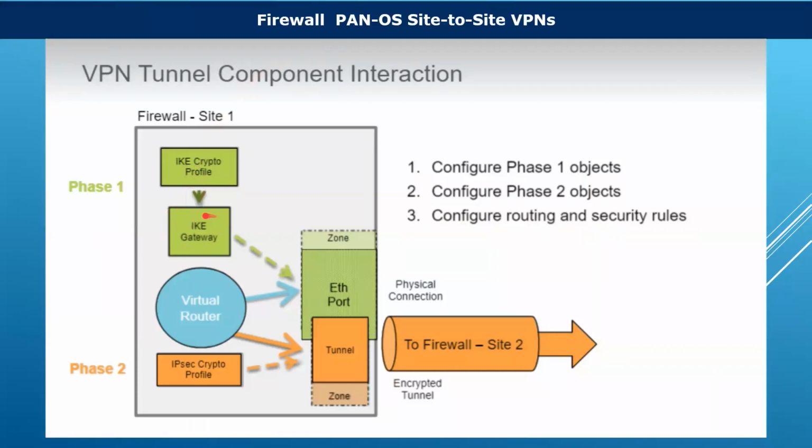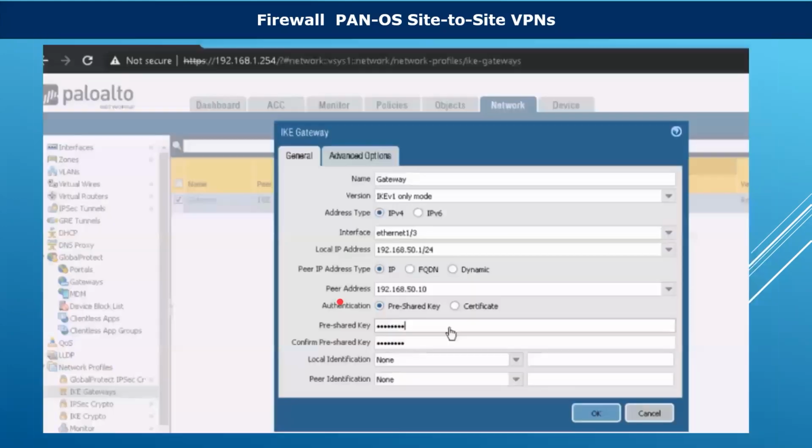So in the IKE gateway phase 1, we will mention which one is our zone, which one is the interface, which one is your peer IP address. We have to give the information of the neighbor IP address, right? And then the IPsec crypto profile, right? This IPsec crypto profile we have to call inside the tunnel. This slide, guys, we will follow during the configuration also. Then you will get more idea.